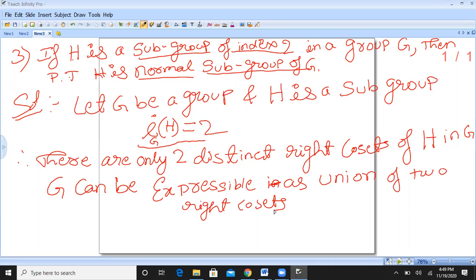What is given? The index of H in G is equal to 2, meaning there are only two distinct right cosets of H in G. So G can be expressed as the union of two right cosets.